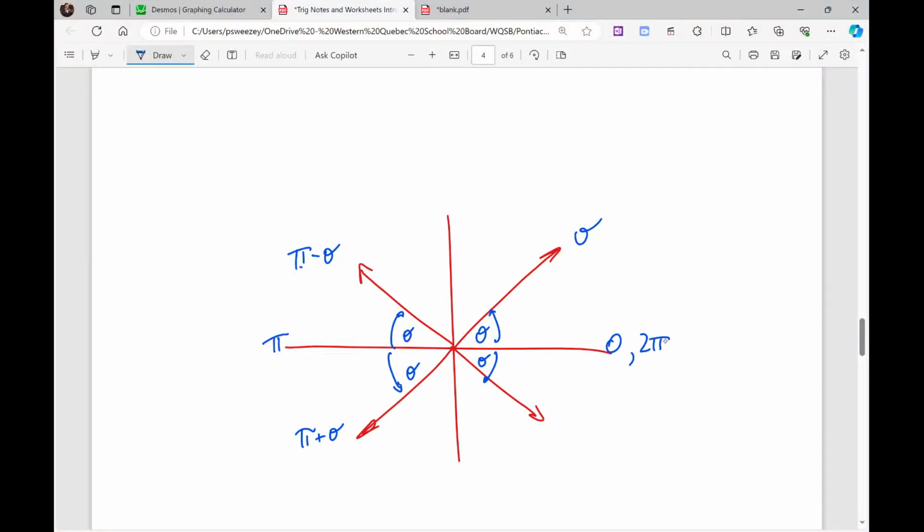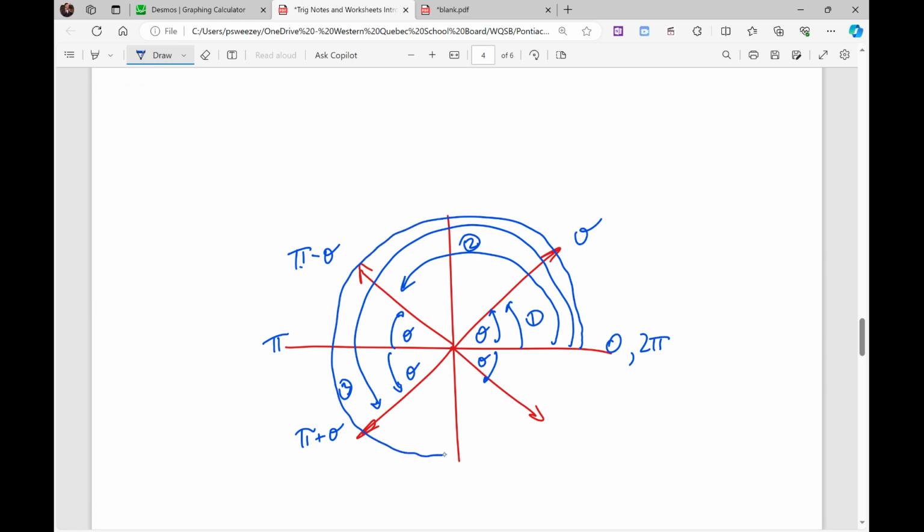And the last option, going the full way around: that's the first angle, that's the second, that would be the third one, and then last but not least, all the way around, that fourth angle we can find by doing 2 pi minus theta.